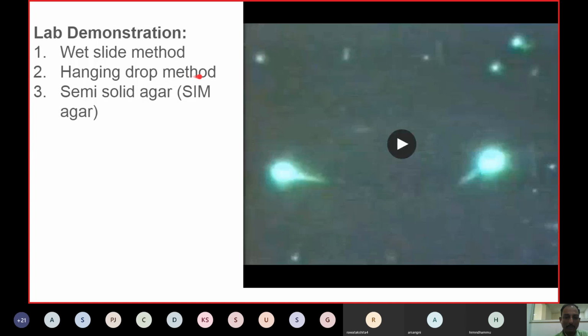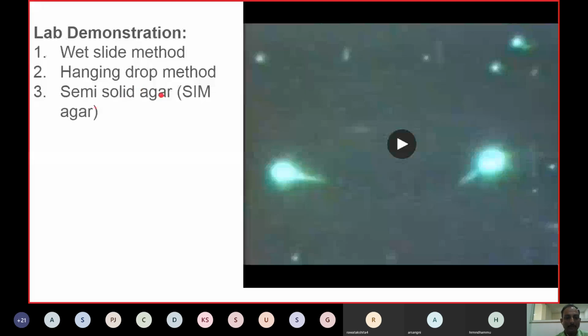I will try to show you a video of this method, where the bacterial culture or suspension drop hangs onto the slide. There is a special slide known as a cavity slide, and we use this hanging drop method to demonstrate the motility. And another method is where we use semi-solid agar medium.